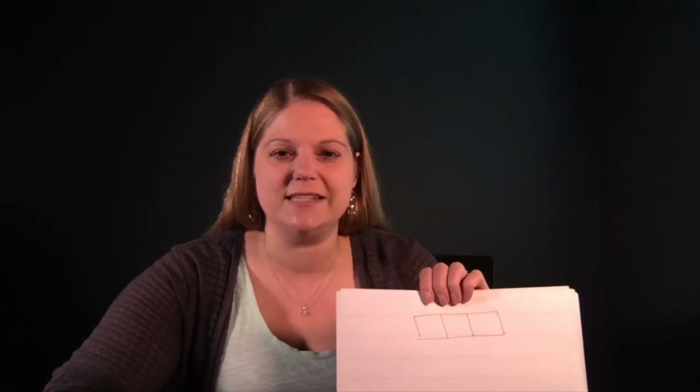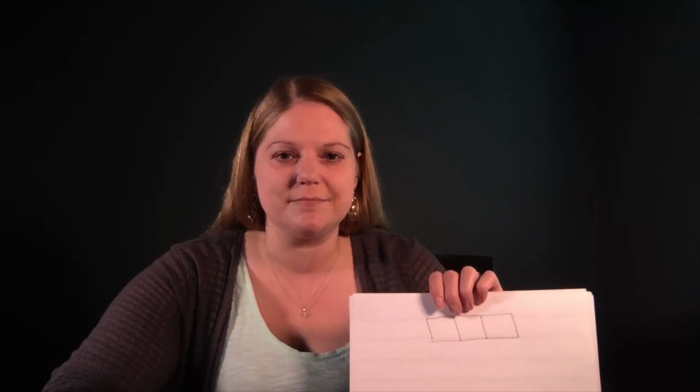All right, so on your practice page, let's stretch out the word stuck. I'm going to write boxes for the sounds we hear in that word, stuck. All right, so what do we hear first? St, st. What 2 letters make that sound?